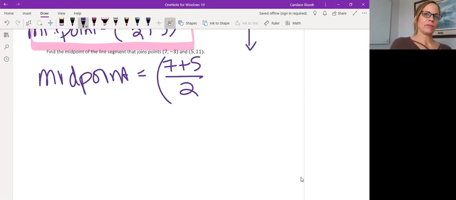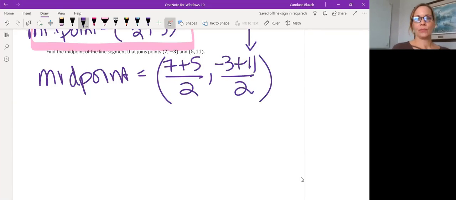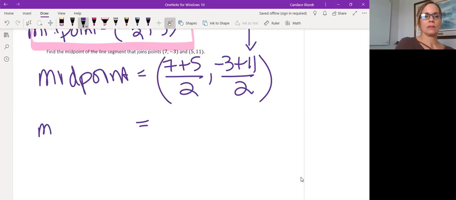Notice that that's the average of the 2 x terms. Okay? Adding 2 numbers, divide by 2 is the average. And for the y, we're going to do -3 plus 11 and divide by 2. So it gives me a new x and a new y that is the point that is equidistant from both of the 2 points mentioned.